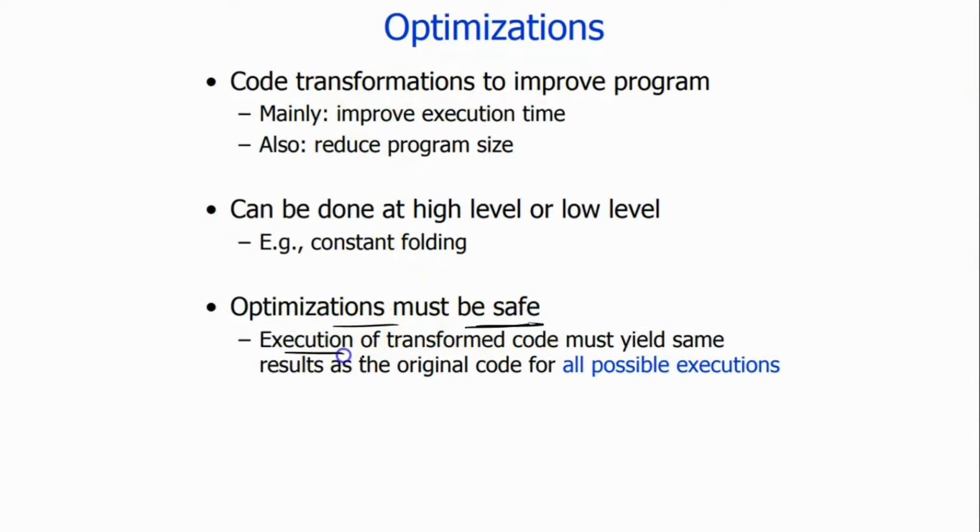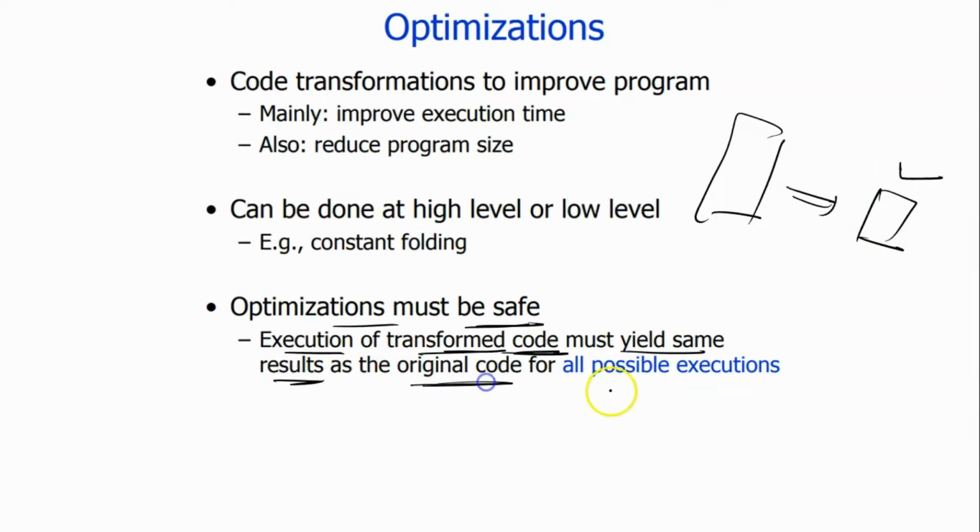Safe means execution of the transformed code, so this is your source code and this is your transformed code, must yield the same result as the original code for all possible executions. This is a very important point. For every possible execution, this should yield the same result as this. Then your optimization will be called safe.